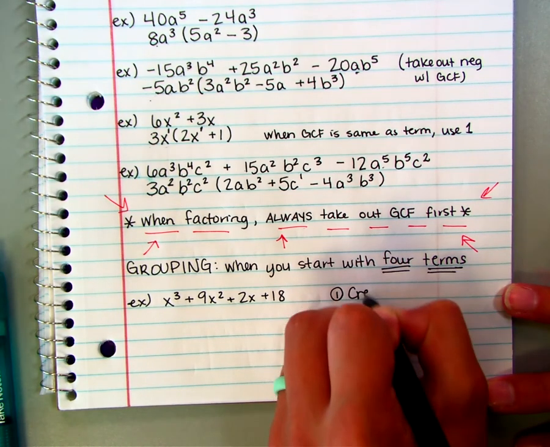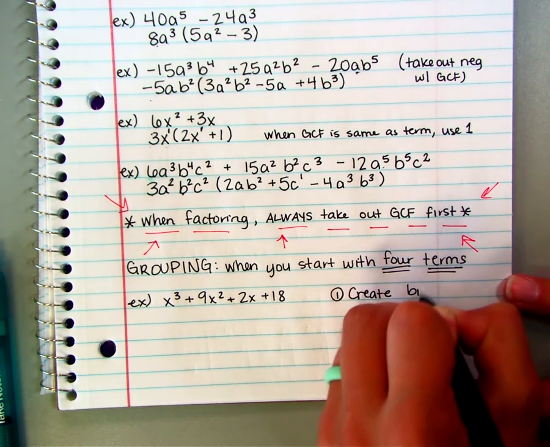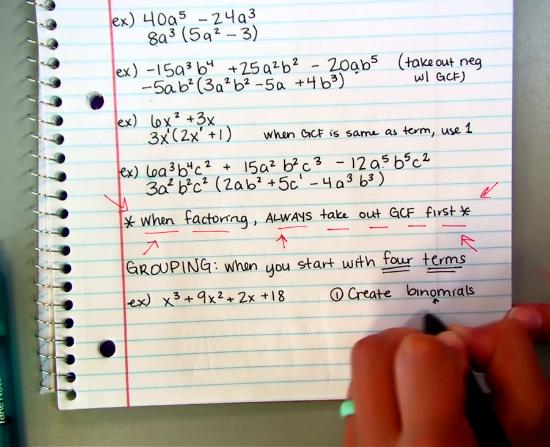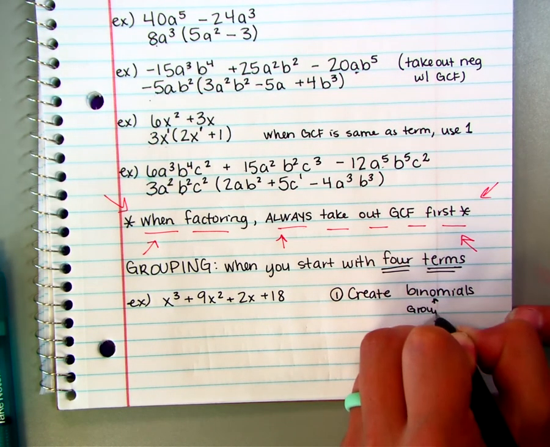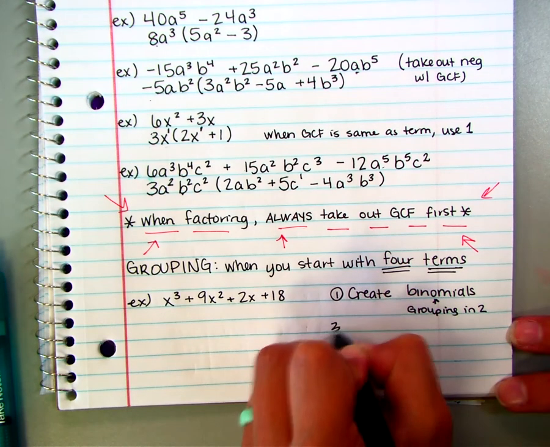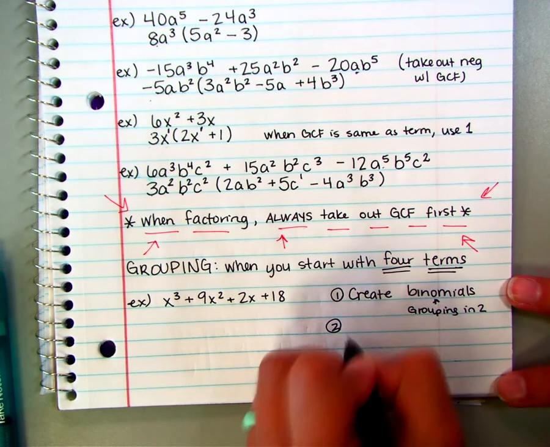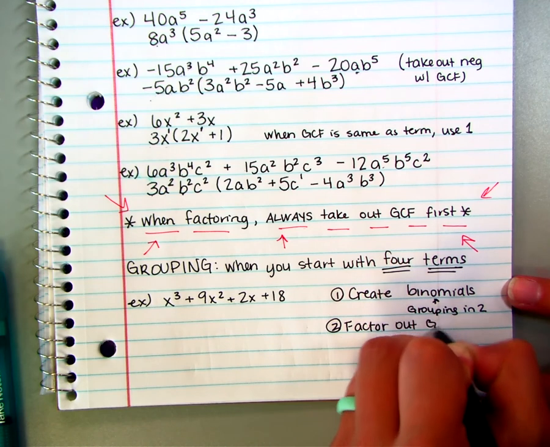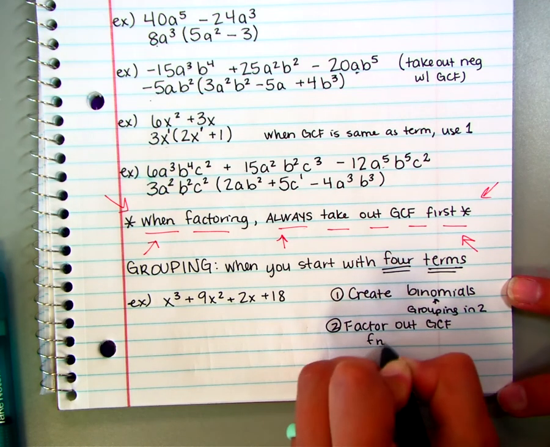First thing, we're going to create binomials. That just means we're grouping in 2, so 2 terms. And then we're going to factor out a GCF from the binomial.